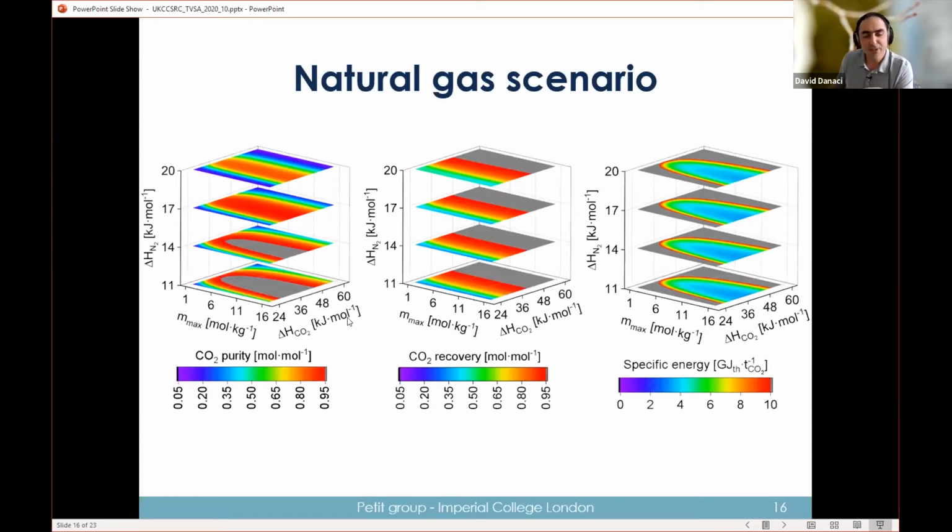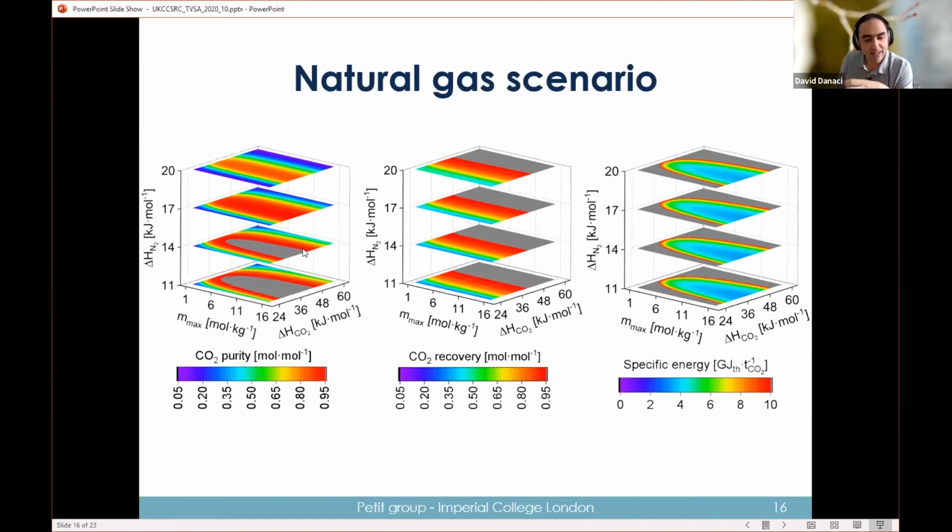These heats of adsorption are not necessarily meaningful absolute values, but it is good to know that a higher heat of adsorption will give you a higher amount adsorbed and also a steeper isotherm. So in the natural gas case, gray is the 95+% area and red is the 90% plus purity area.